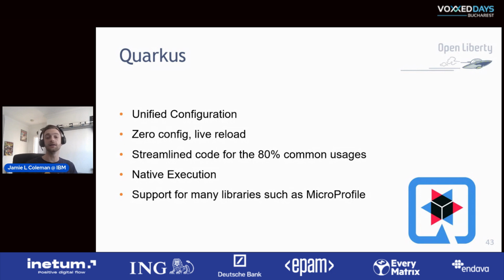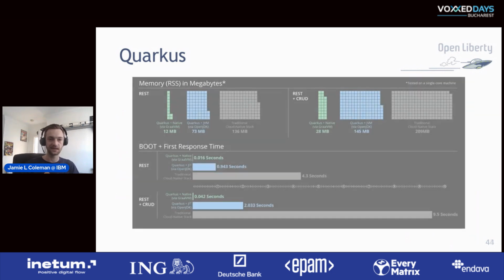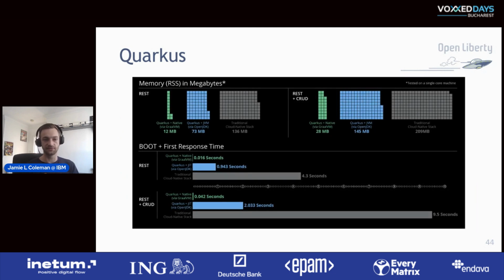And it supports loads of libraries, so Spring, MicroProfile, Jakarta, stuff like that. As you can see, the startup time with Graal and Quarkus is ridiculously fast. So if you are doing function as a service and that capability matters a lot, then this is a really, really good runtime.